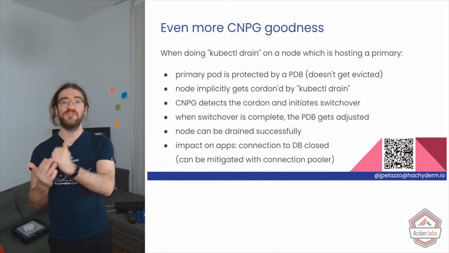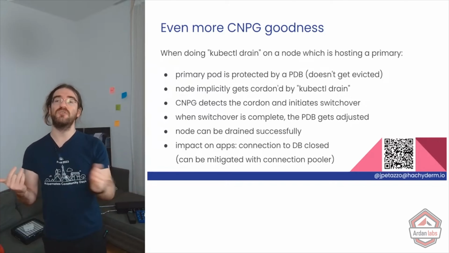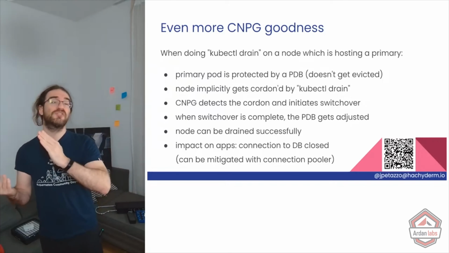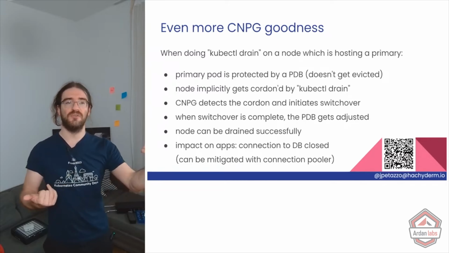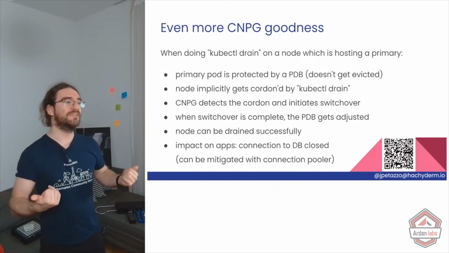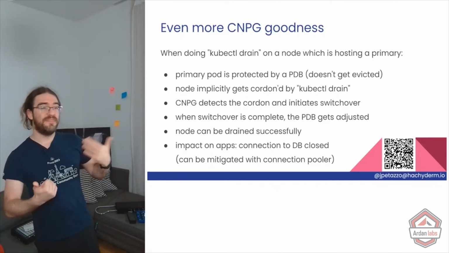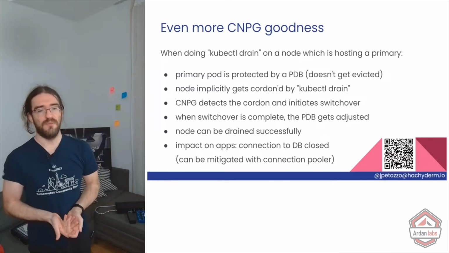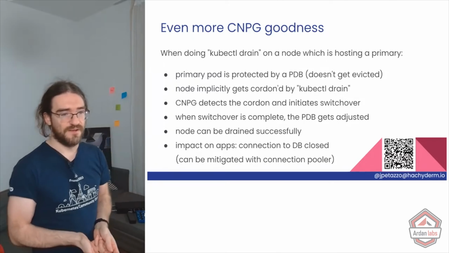Then CNPG makes sure that the secondary catches up with the primary in terms of the replication log, and then it promotes the secondary, and then it updates the service endpoints. At this point, the applications get disconnected, and when they reconnect, they reach the new primary, the promoted secondary.